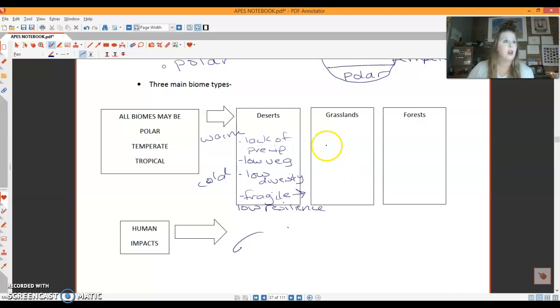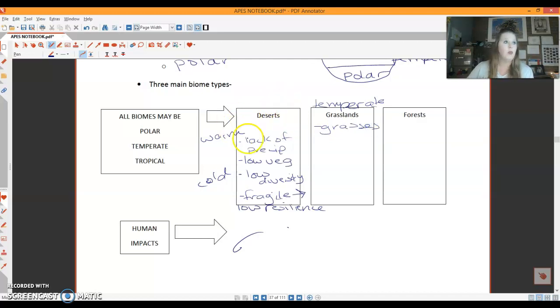Now, grasslands, these are definitely going to be temperate. Grasslands are typically found, we have a big area of grassland in the United States. So they're usually going to be in that area right above, right below the equator. Obviously the dominant vegetation is going to be grasses.